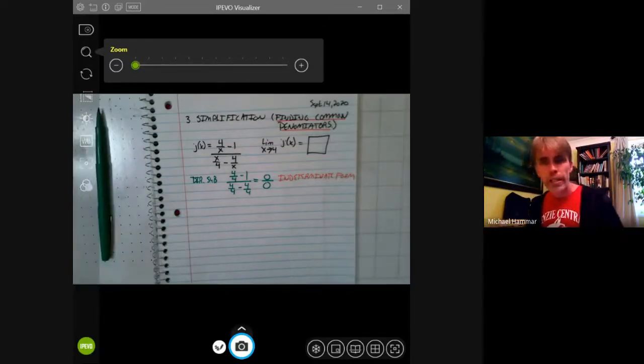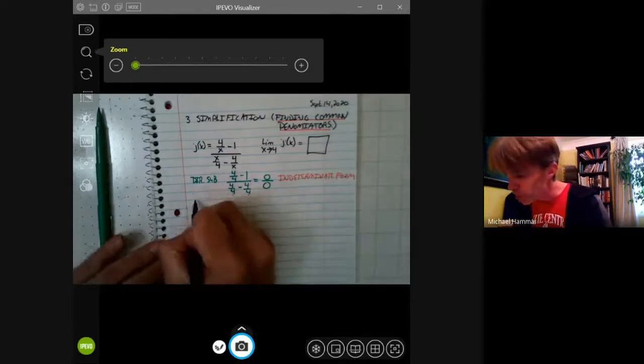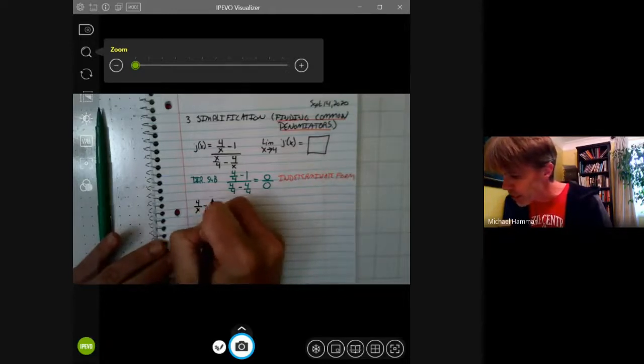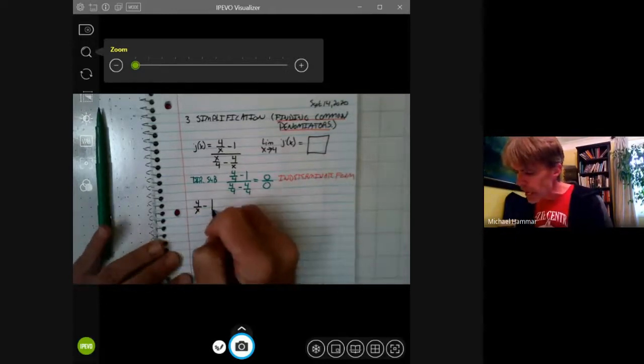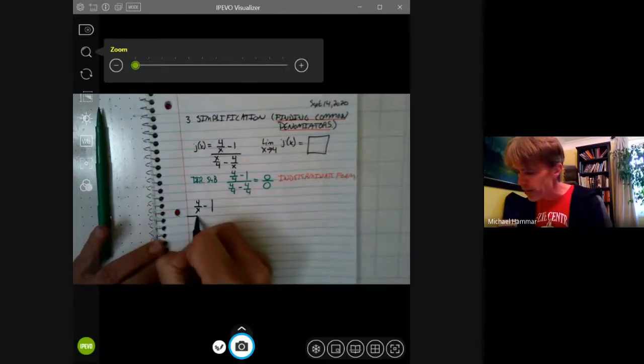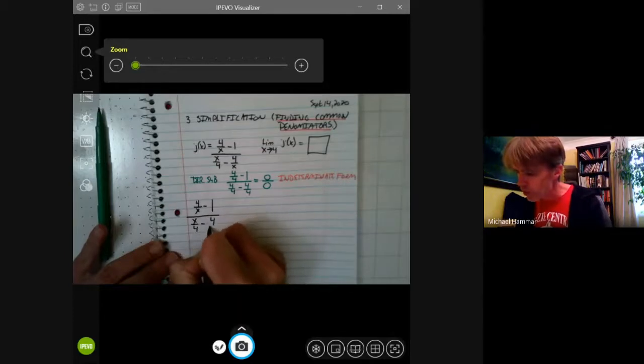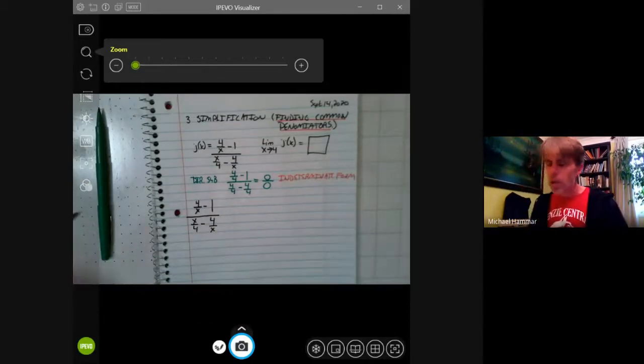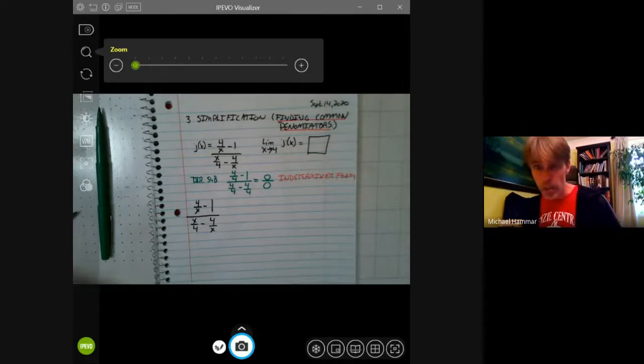Now let's start the process of simplifying this problem. We need to start from the beginning, and we have 4 over x minus 1, and then we also have x over 4 minus 4 over x. You need to get a common denominator for everything in the numerator, and a common denominator for everything in the denominator.